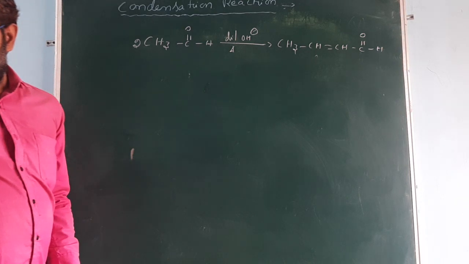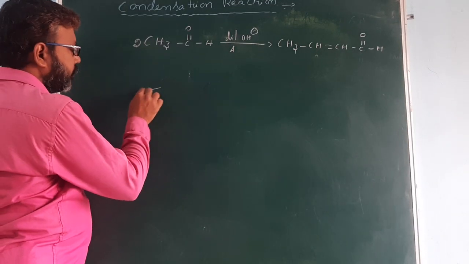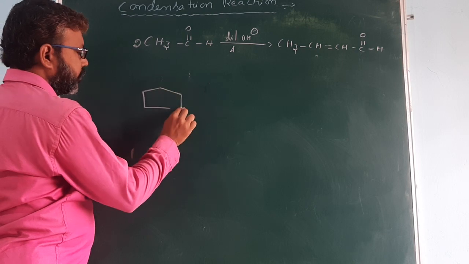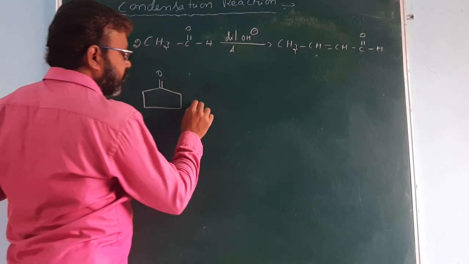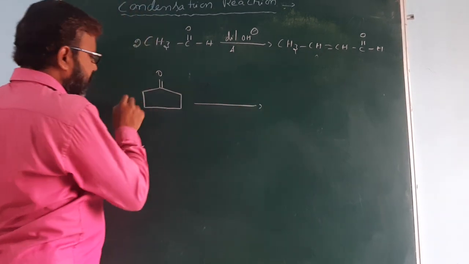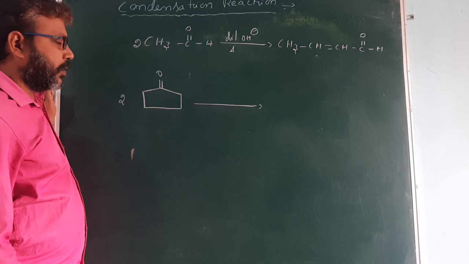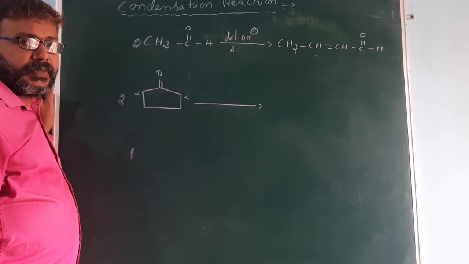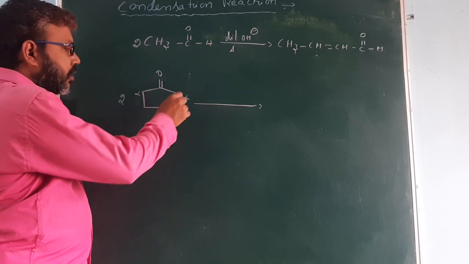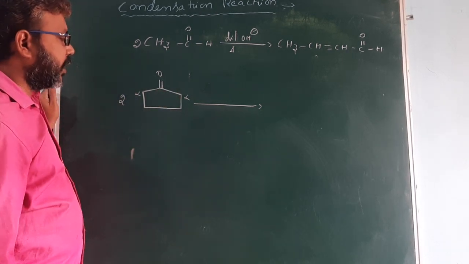Okay, so first example, it reacts with, so it is a self aldol condensation, already you know 2 moles. We get which product? So it is alpha hydrogen, it is alpha hydrogen. Okay, so it is alpha carbon, this carbonyl compound has alpha hydrogens.